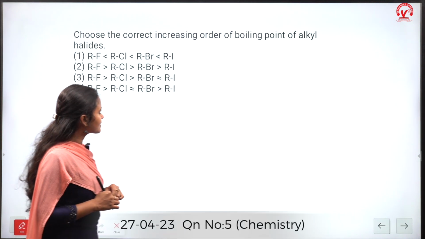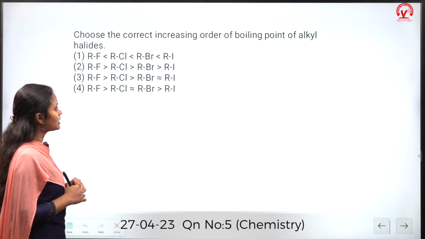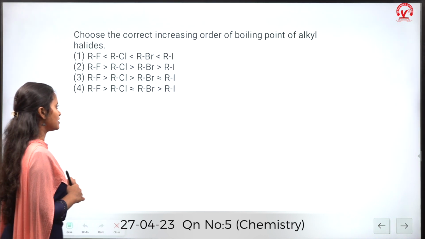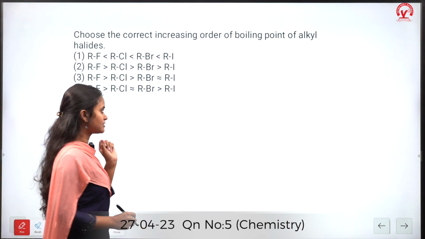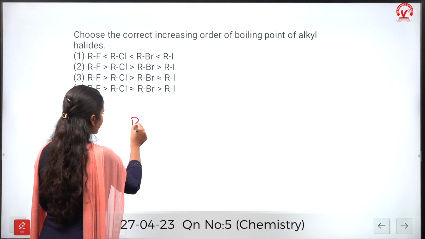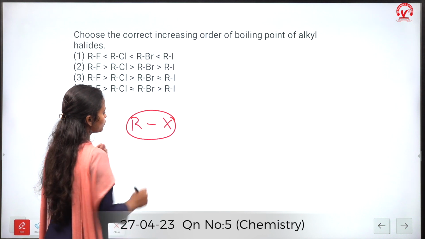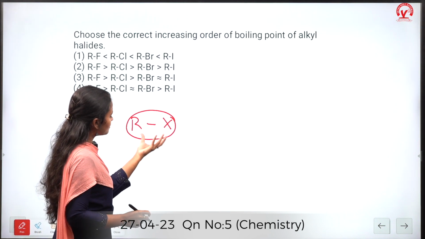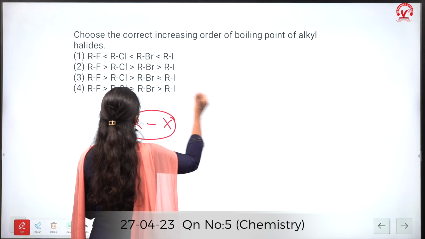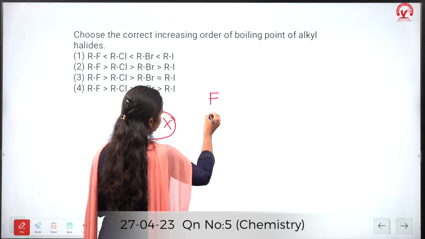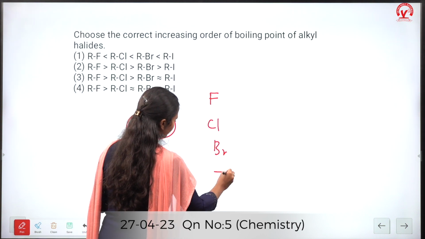Choose the correct increasing order of boiling point of alkyl halides. When alkyl groups react with halogens, there is an intermolecular force of attraction between the alkyl group and the halogen. This intermolecular force is stronger when the size of the atom is larger. The halogens are fluorine, chlorine, bromine, iodine.